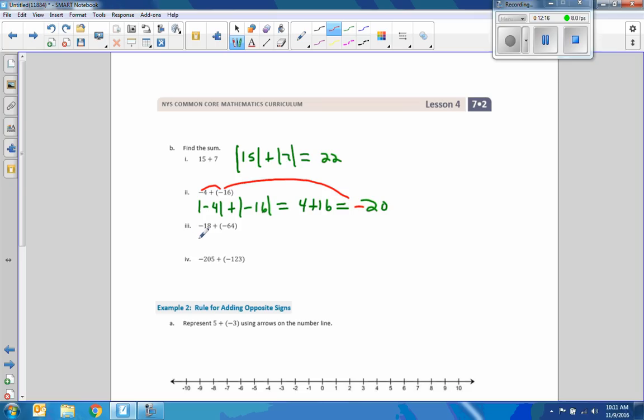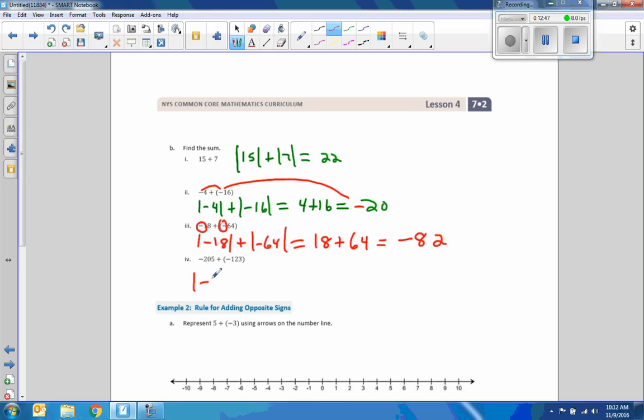So if I do that again, it's going to be negative 18's absolute value plus the absolute value of negative 64, which equals the absolute value of 18 is 18. The absolute value of negative 64 is 64. So I add their absolute values. 8 plus 4 is 12, carry the 1. 6 plus that carried 1 is 7, plus 1 more is 8. And then you take the sign of the two numbers, the same. And that's the sign of your sum.